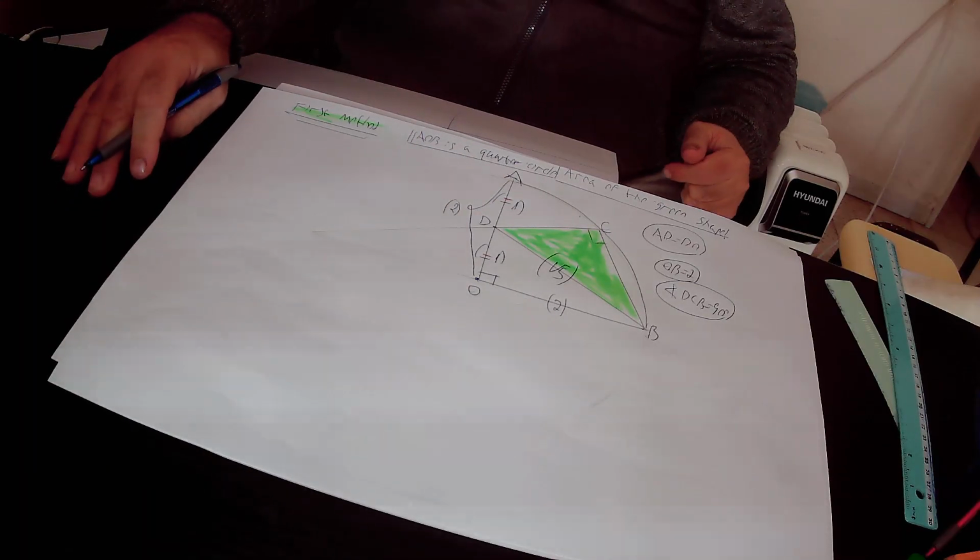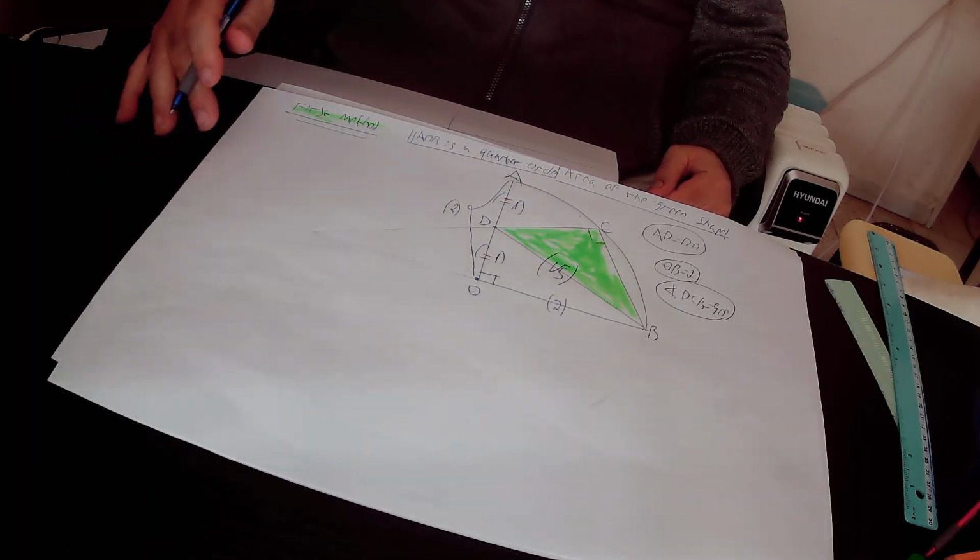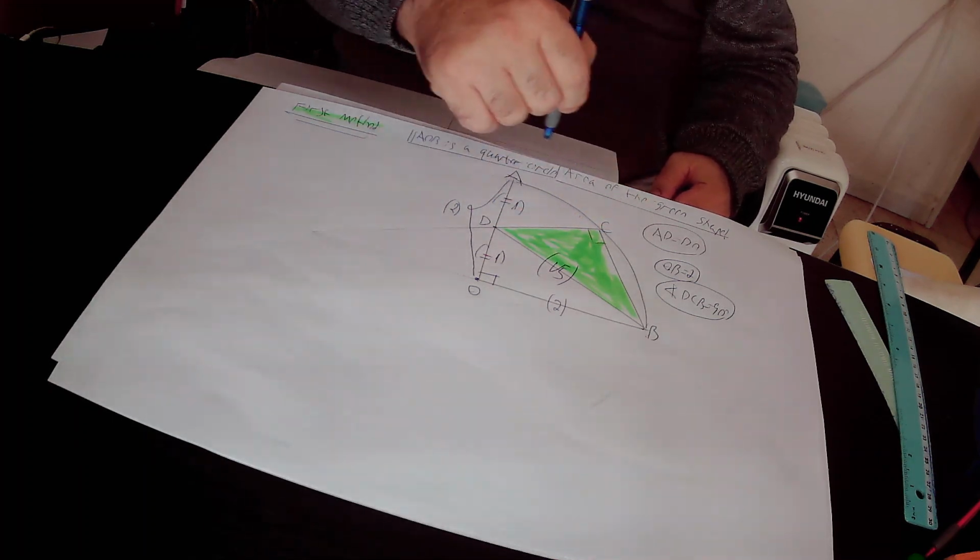In the next step, we will do a construction, that is to say, we will complete this quarter circle AOB to a circle.